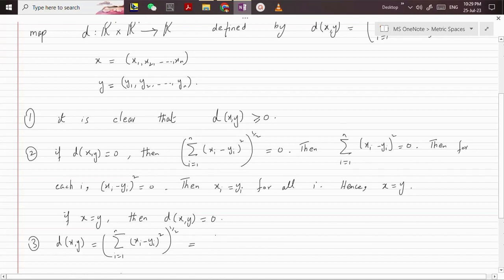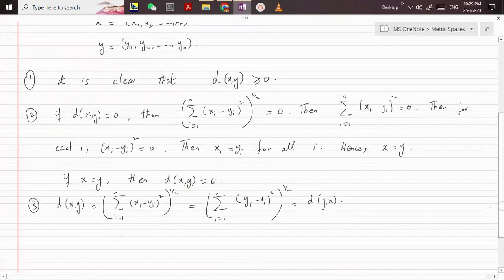It can be written as the summation i from 1 to n of (yi minus xi) whole square, that's equal to d of y, x. So the property of symmetry holds here.